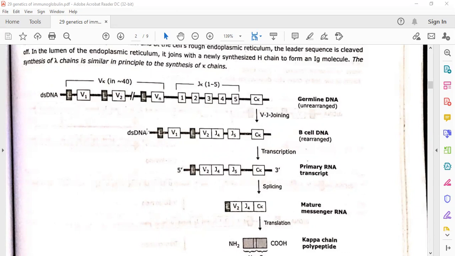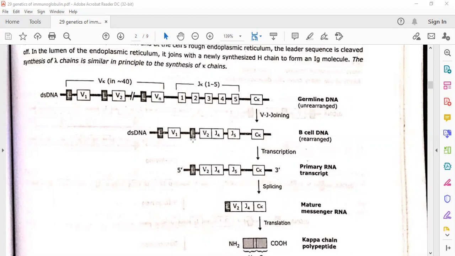Okay, here, which gene sequence is made here? Suppose here V1 is selected. First step is selection. Suppose that here V2 is selected. For example, here V2 is selected.